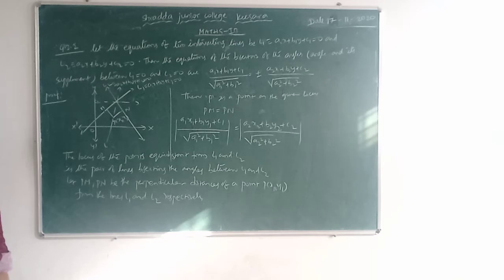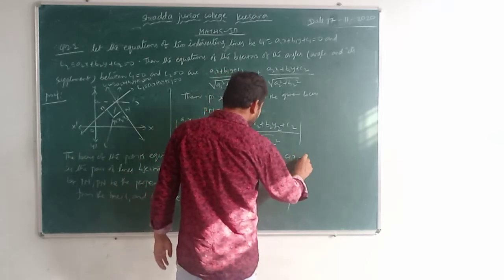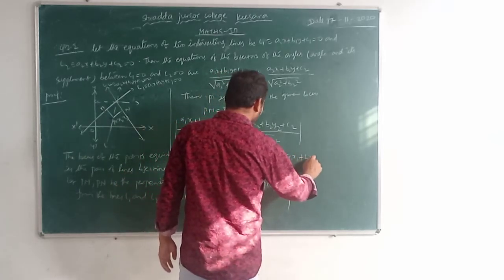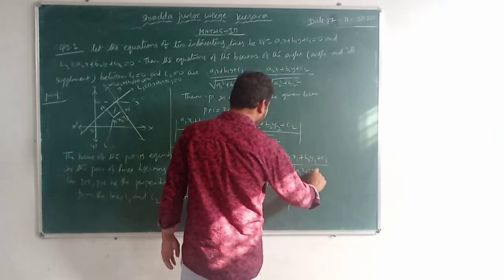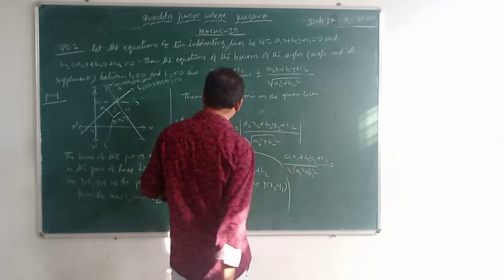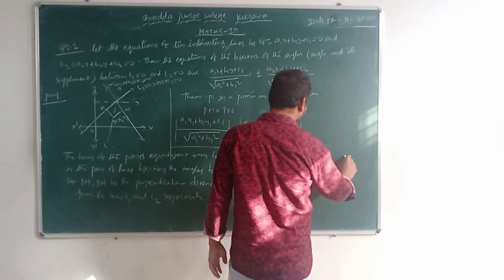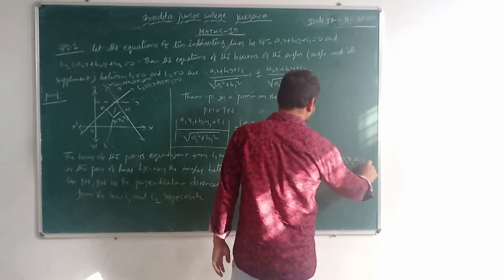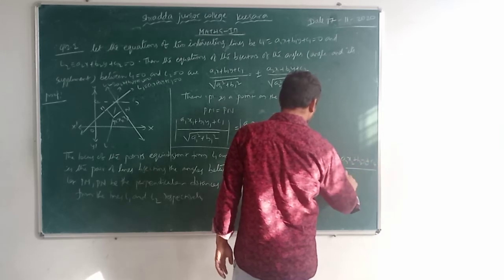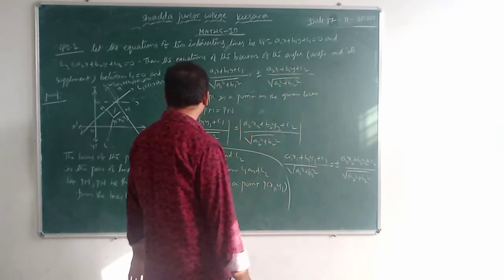So now what we are getting here? A1 x1 plus B1 y1 plus C1 by square root of A1 square plus B1 square equals, removing the modulus, plus or minus A2 x2 plus B2 y2 plus C2 by square root of A2 square plus B2 square.